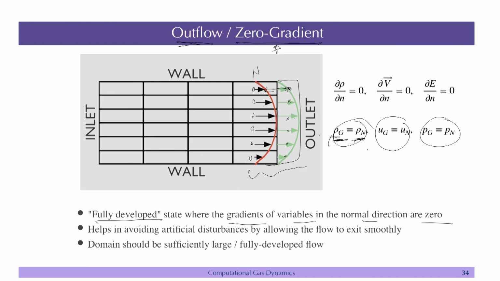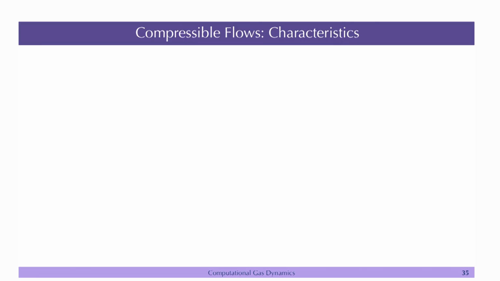This is only applicable when it is fully developed. It helps in avoiding artificial disturbance, allowing the flow to exit smoothly, but the domain should be sufficiently large and the flow should be fully developed. Both are basically related. So, we looked at two very simple boundary conditions: one is the velocity inlet and the other is the outflow zero gradient, which is true when the domain is sufficiently far away.